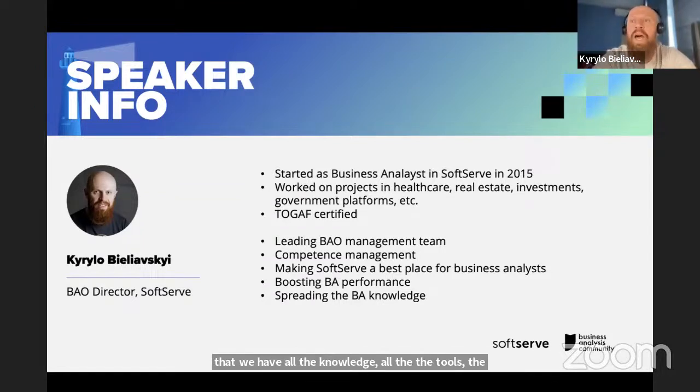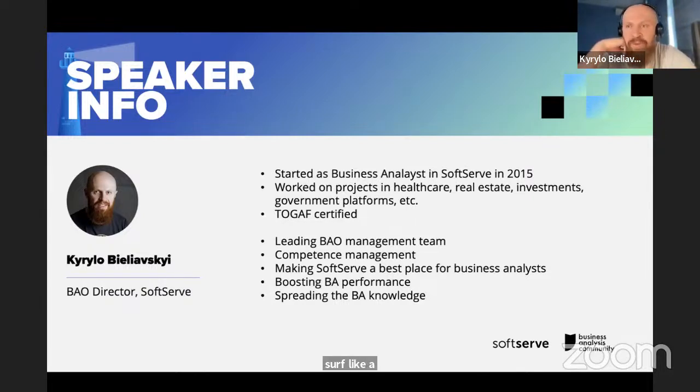Also, one of my missions is making Softserve the best place for business analysts, and this is something that we really try to achieve, and I think we're doing a very good job in that direction. And I'm going to talk about the company and our business analysis office just a little bit today. One of the other tasks is boosting business analysis performance.